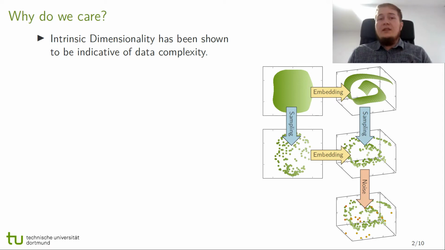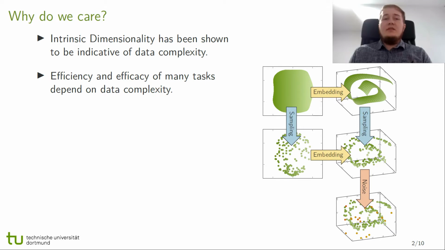Intrinsic dimensionality has been shown to be a better indicator for data complexity than the mere number of features. As many tasks, like k-nearest neighbor search, are largely dependent on data complexity, analysis and experimental setup should account for it. In these cases, intrinsic dimensionality can be a useful tool to adjust evaluations of, for example, algorithm performance.